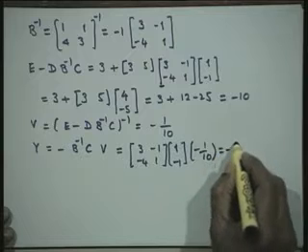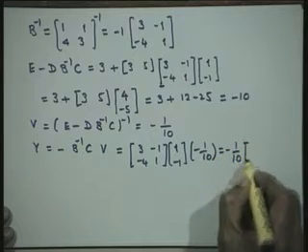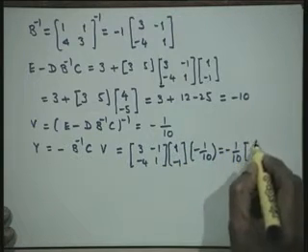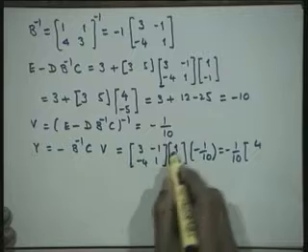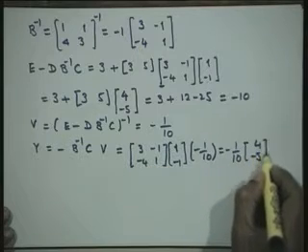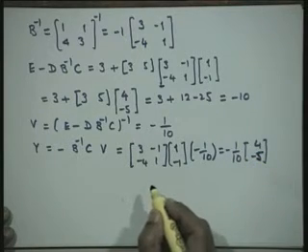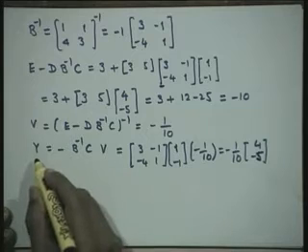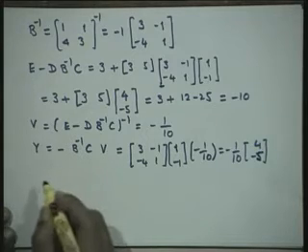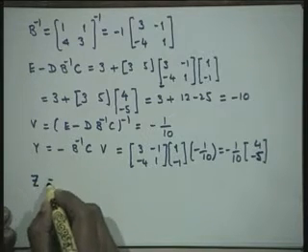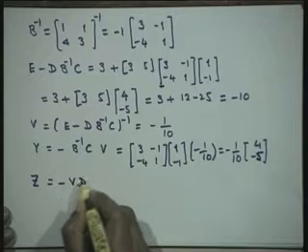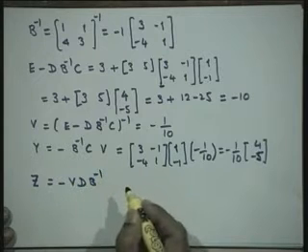Therefore, this is minus 1 upon 10, and this is 3 plus 1 4, that is minus 4 minus 1, that is minus 5. Y is also now determined. Then we have shown that Z is equal to minus V D B inverse.